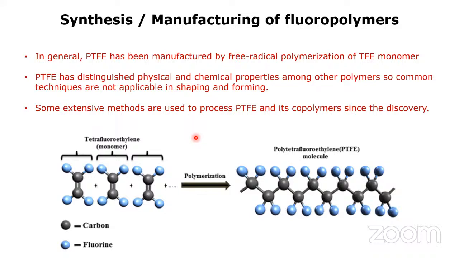In general, if you remember the example of polyethylene synthesis, in polyolefins the very first example was polyethylene. In a similar way, you can synthesize polytetrafluoroethylene, PTFE, because ethylene also has a double bond between carbon and carbon. Do you remember the structure of ethylene?